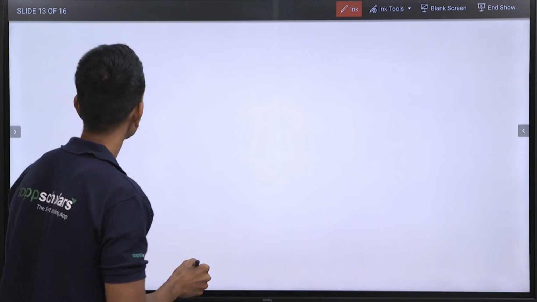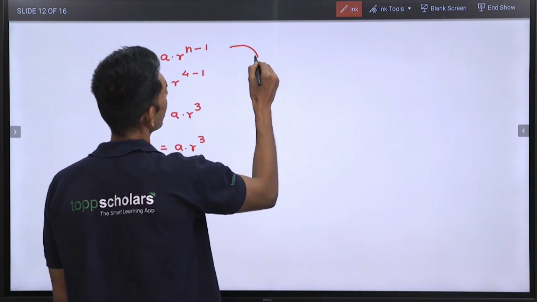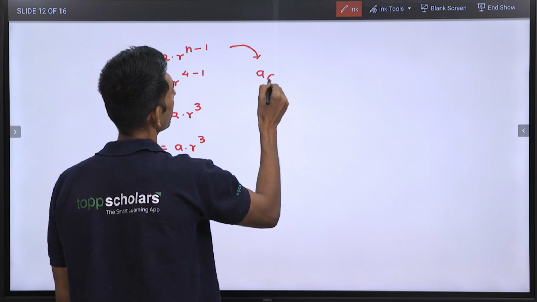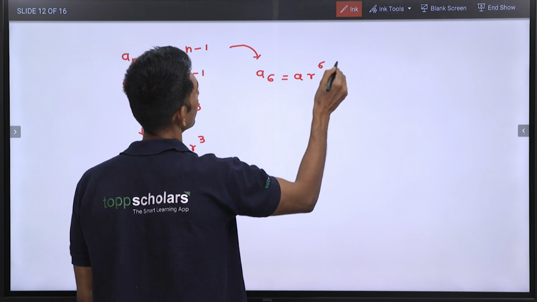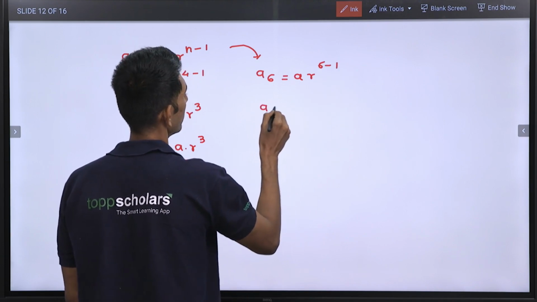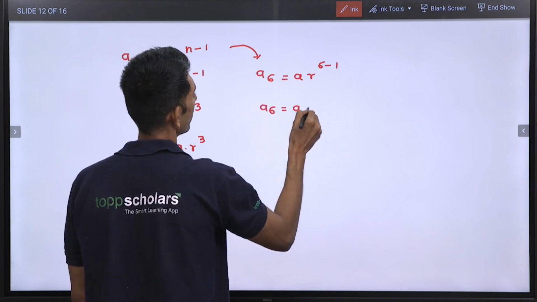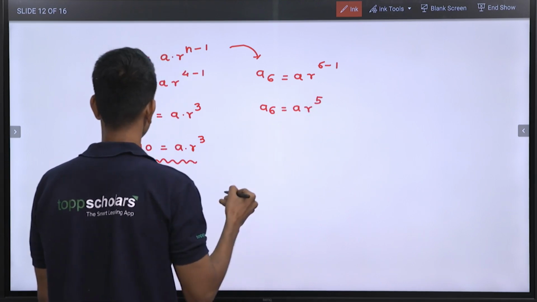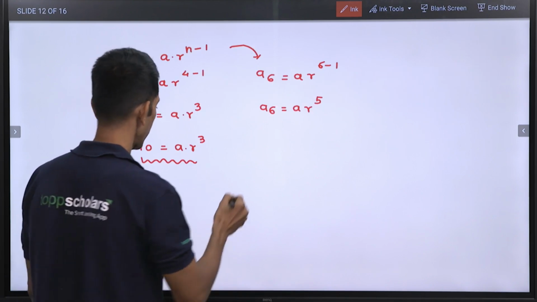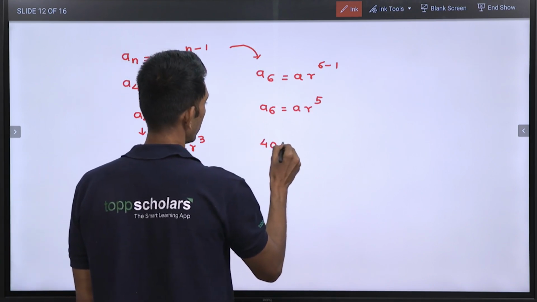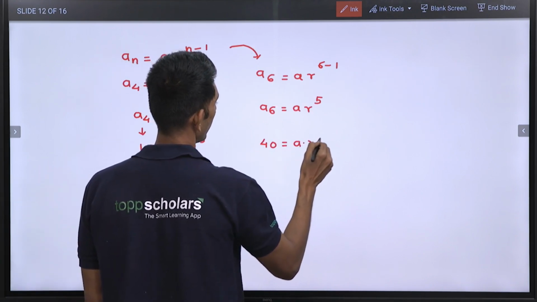Then we have A6. Similarly, A6 is A into R raised to 6 minus 1, so A6 is A into R raised to 5. A6 is 40, so 40 is equal to A into R raised to 5.